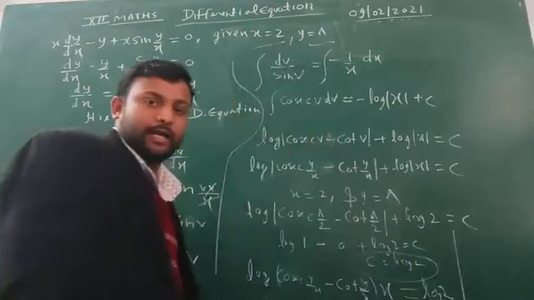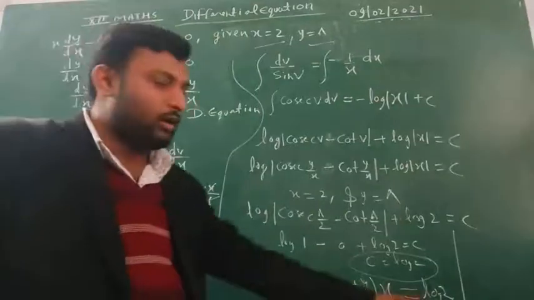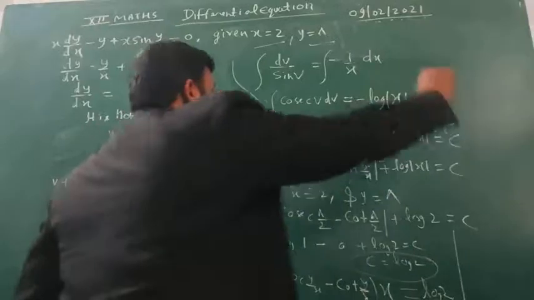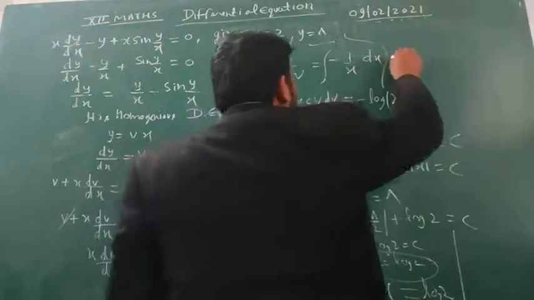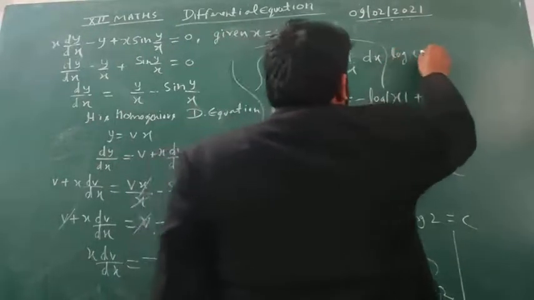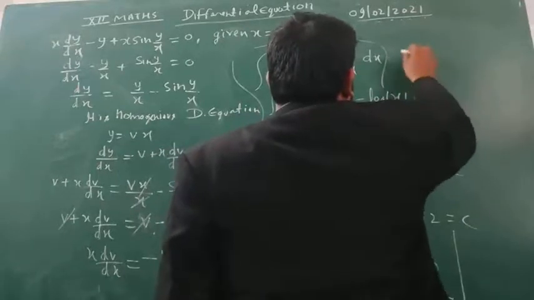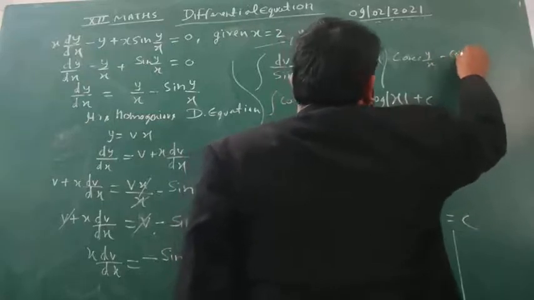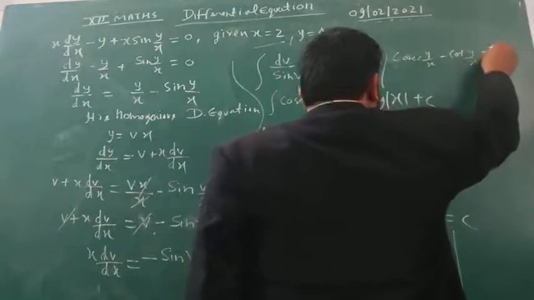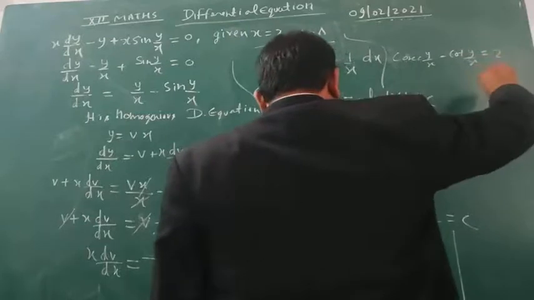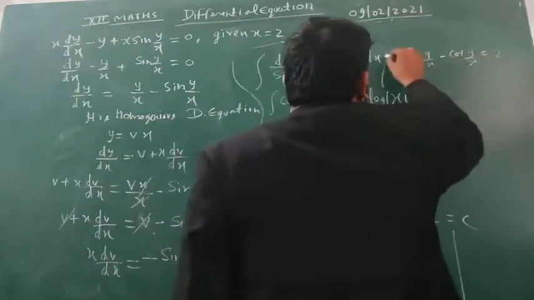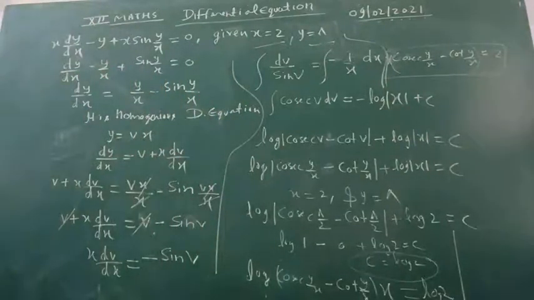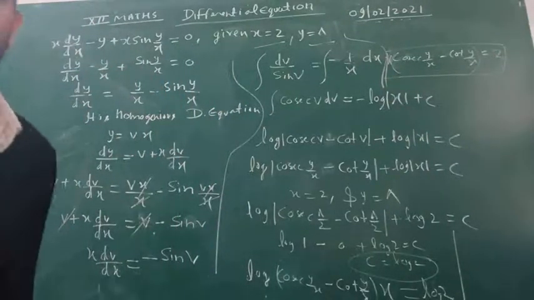Okay students, and this log and log will cancel, and we get the solution, which is cosec y by x minus cot y by x times x is equal to 2. Okay students, so this will be our required solution of this differential equation.